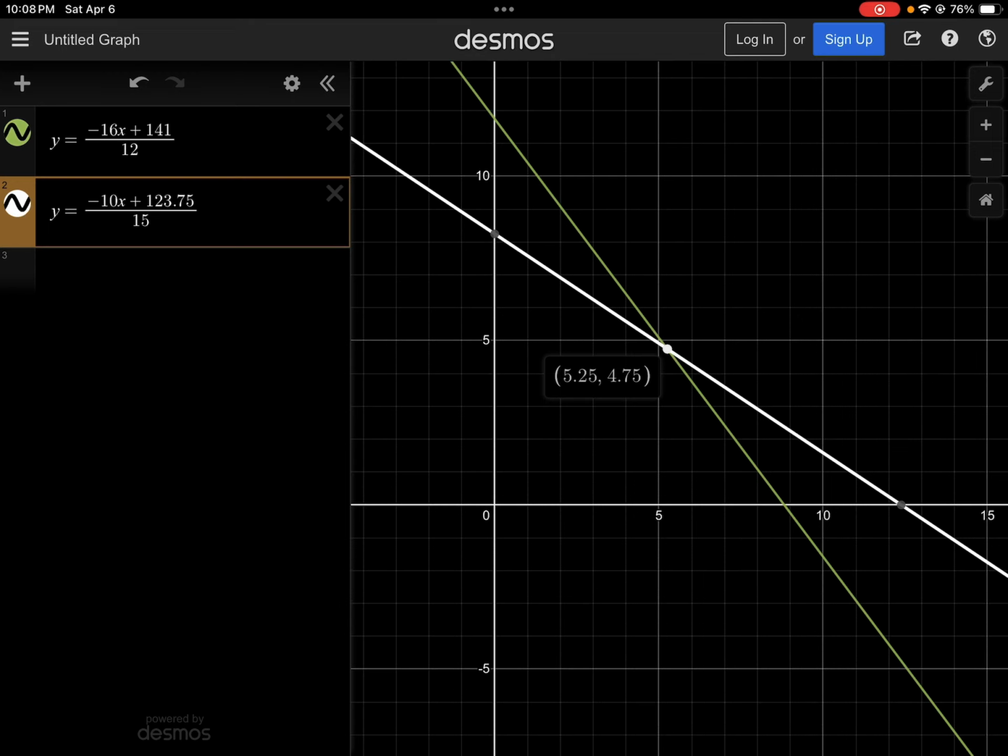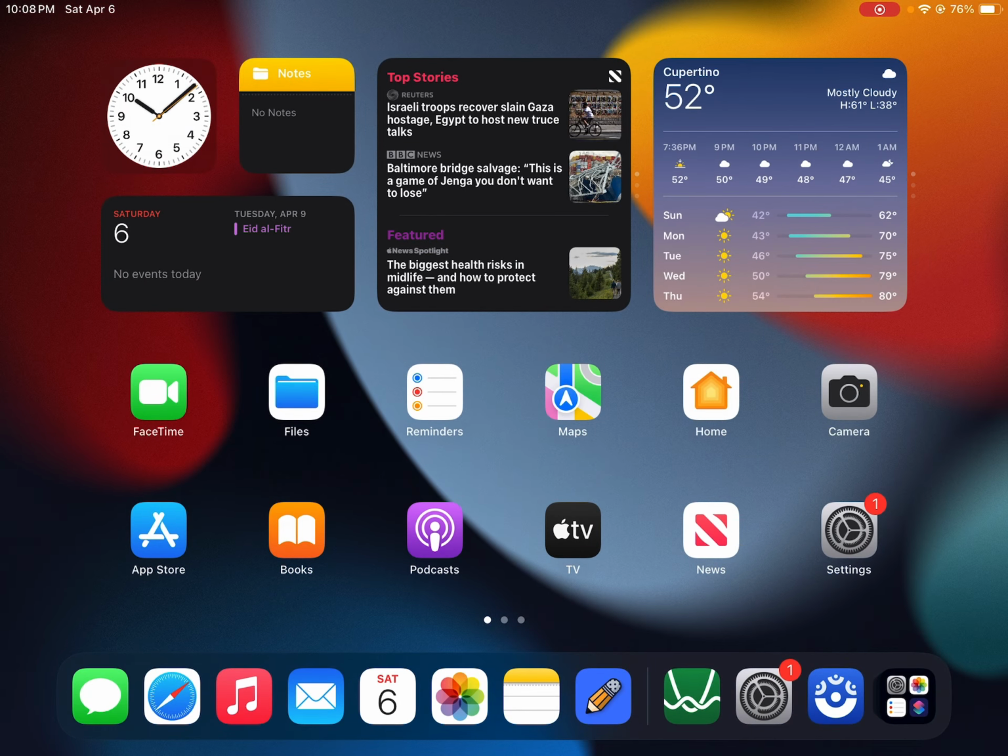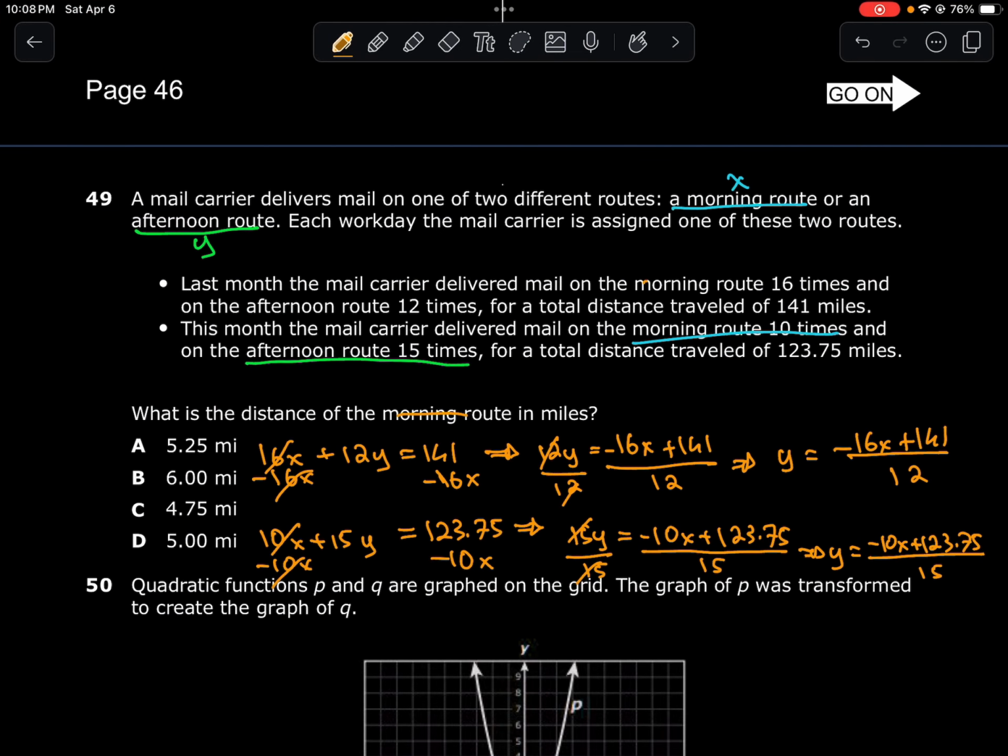I'm going to write down both of them, just because I don't know what they may ask me in a different version of that problem. So based on what I did, I found that the x, which is the morning distance, is 5.25, and of course that would be miles.